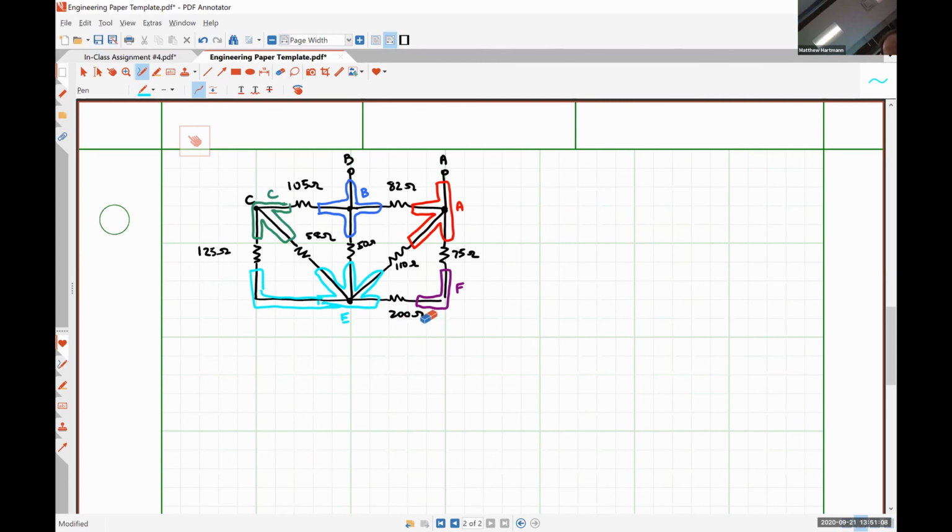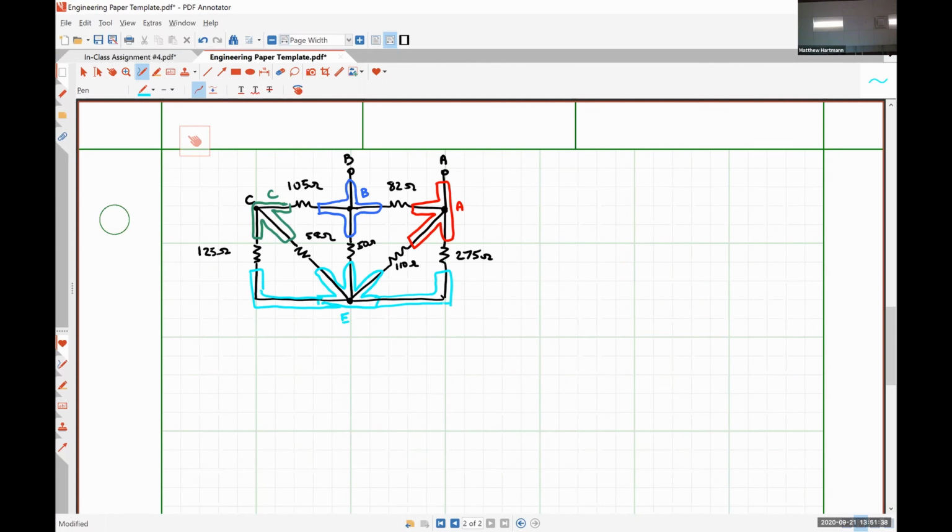All right, so that means node F is gone. Alrighty.